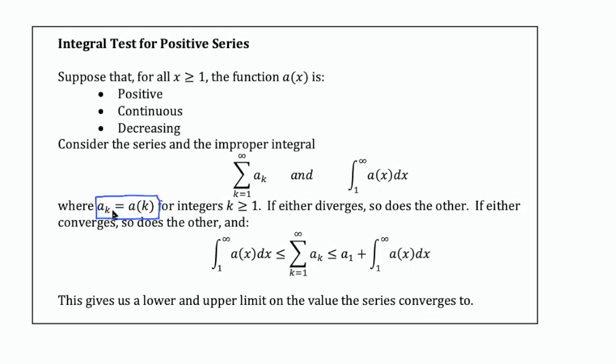So a sub k is going to be the same as a of k for integers k greater than or equal to 1. And the important conclusion is if either one of these diverges, so does the other. And if either one converges, so does the other. So the series will have the same behavior as the related improper integral.